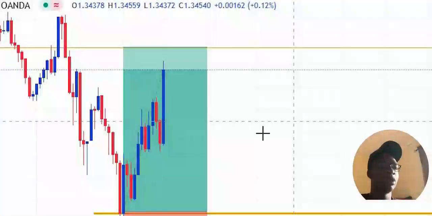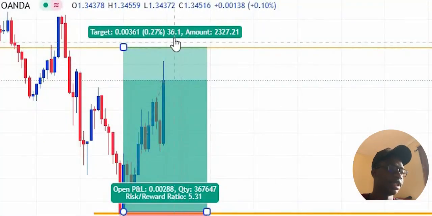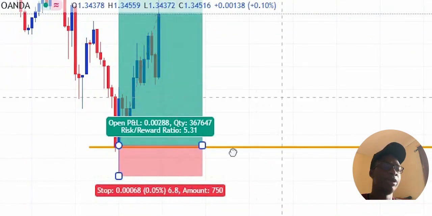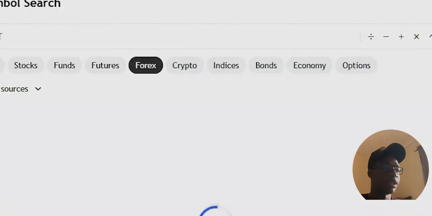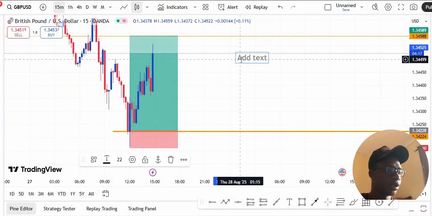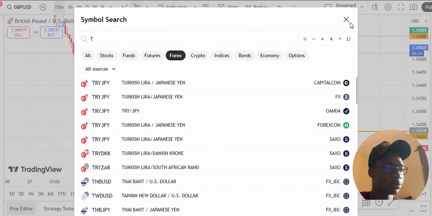So we are calculating this based off of pips. This is 36.1 pips, and the stop loss is 6.8 pips. So I want to write that down.